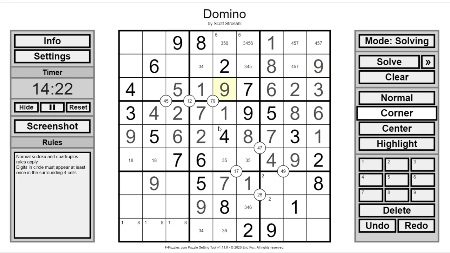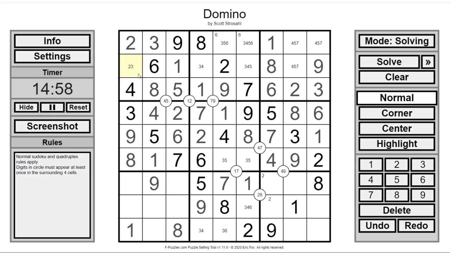Alright, where do I go from here? Well, this row's done, so that's easy. 1, 2, 3, 4, 5, 6, 7, 8. Which does work this out. 8s are finished now. Ooh, our 1's finished too. 7.